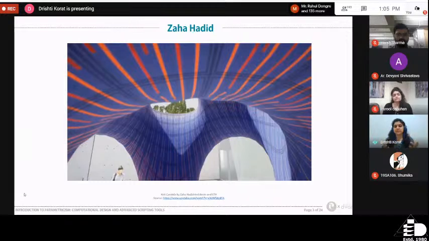All the famous buildings that we know of, by Zaha Hadid or say Bjarke Ingels and Thomas Heatherwick, for example the Serpentine Pavilion or the Seed Pavilion, all of these fascinating examples have followed a similar kind of design process.